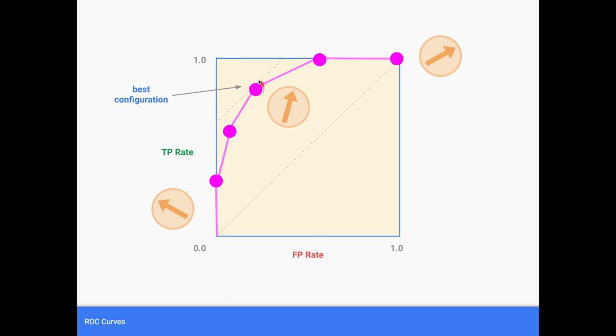So this seems to be some kind of optimal, and this is a great way of visualizing and then choosing a good configuration for a classifier. There's more to it than that, but we'll come back to that later. So you can see that plotting a classifier's performance in ROC space is really helpful. Immediately we can just look at that and say, yep, that's the one that we want.